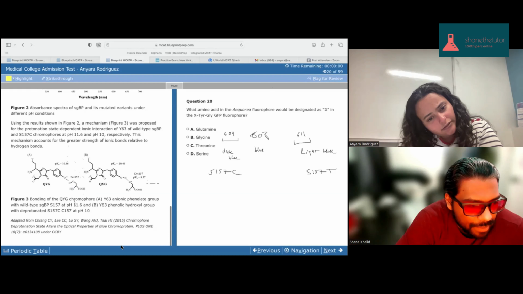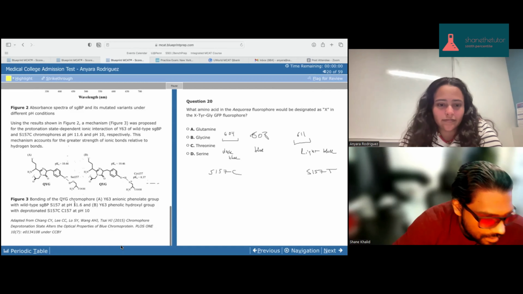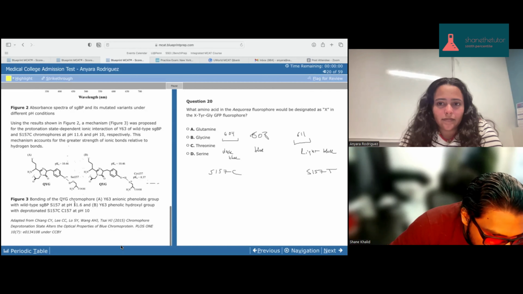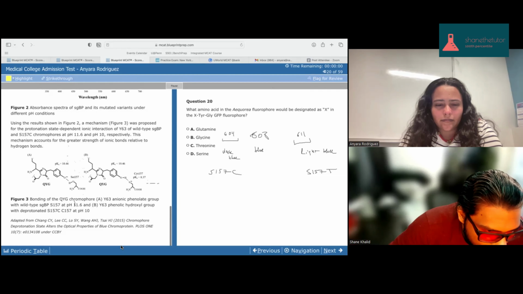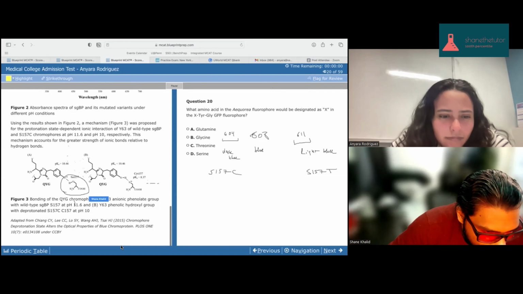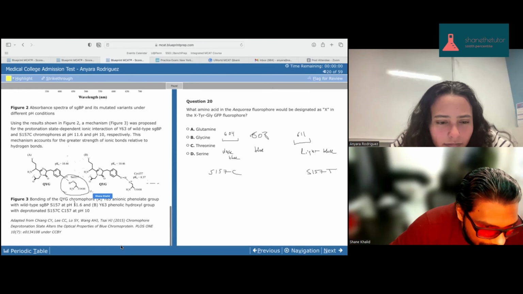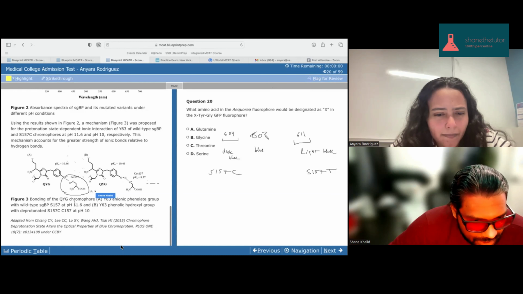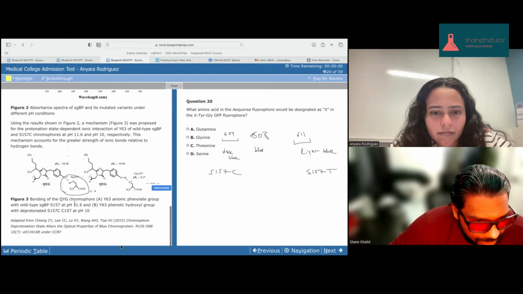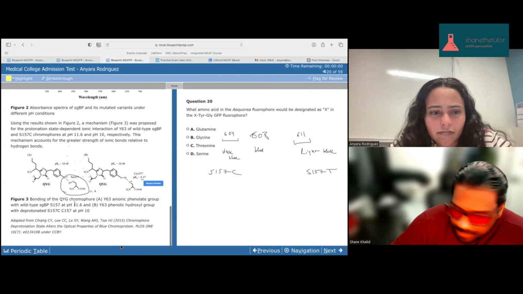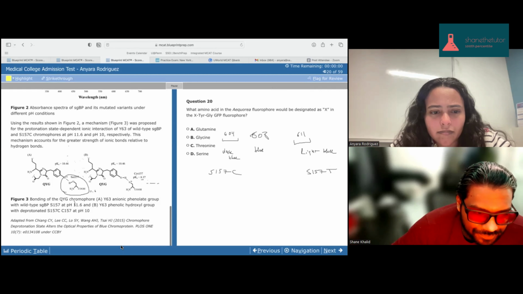And it binds with the wild type SGBP S157 at pH 11.6. It's a little weird, but I think they mean this here is at a pH of 11.6. The reason I say that is because there's nothing listed here, but here they have the cysteine's pKa.